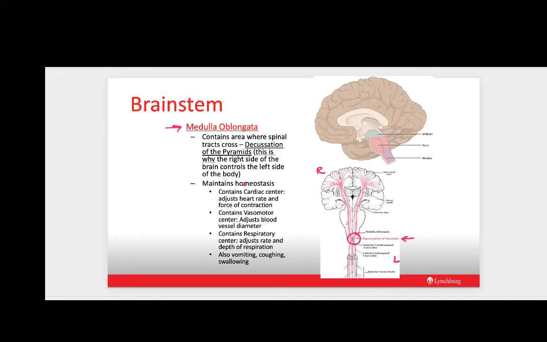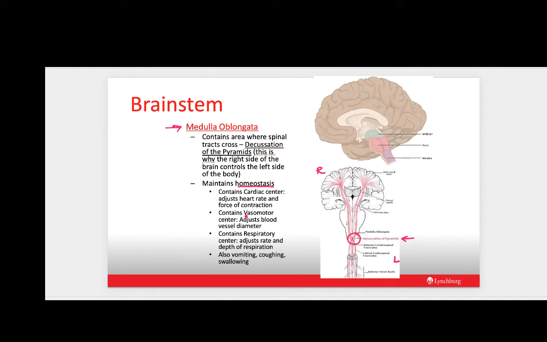Other functions of the medulla are to maintain homeostasis. It plays a large role in this. So we have the cardiac center located in the medulla, and this is going to control heart rate and strength of contraction of the heart.